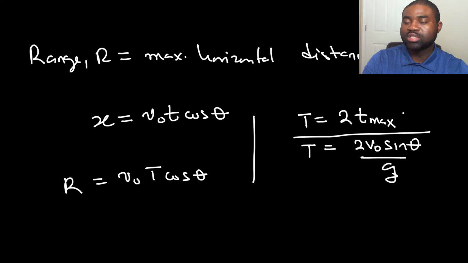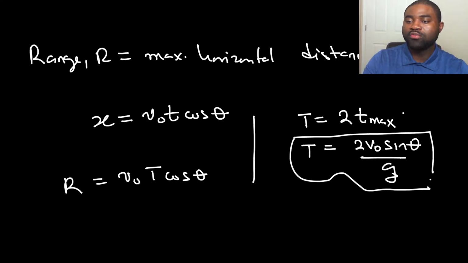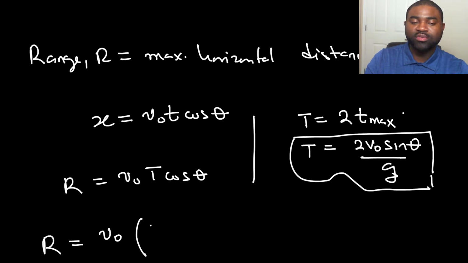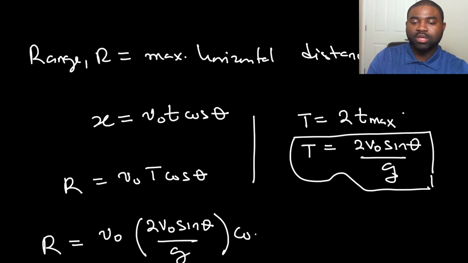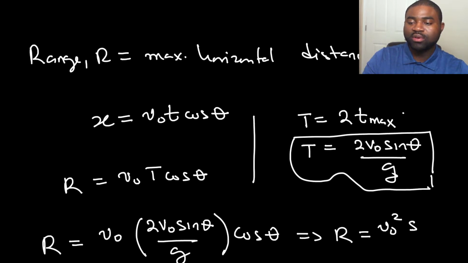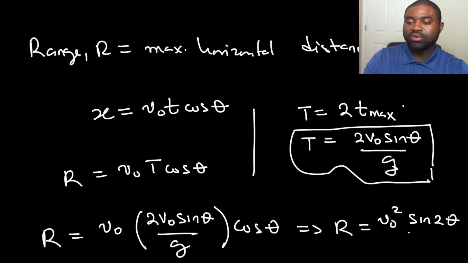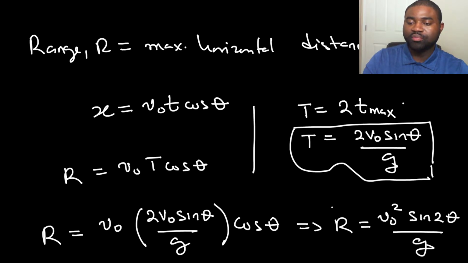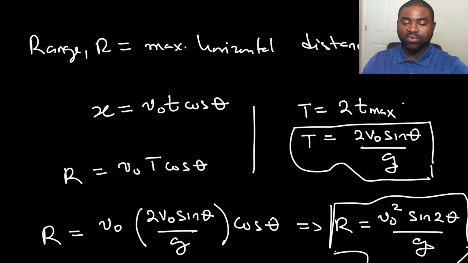This gives us the time of flight. Therefore, R will be equal to V naught bracket 2 V naught sine theta, all divided by g, multiplied by cosine theta, which, if you simplify, R will be equal to V naught squared sine 2 theta, all divided by g. So this right here is the expression to calculate the range.